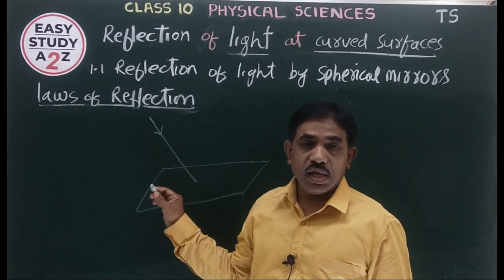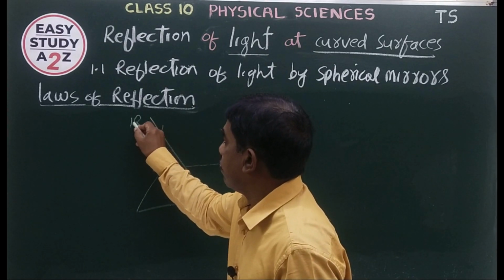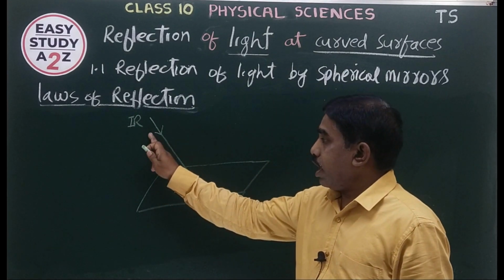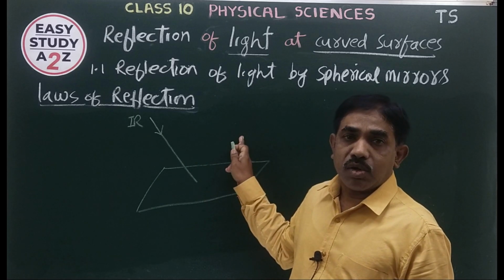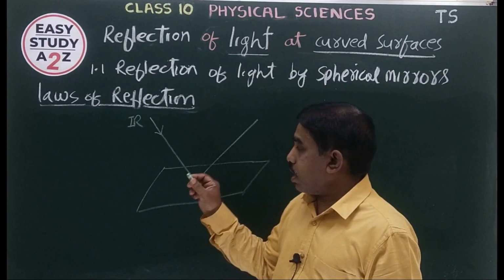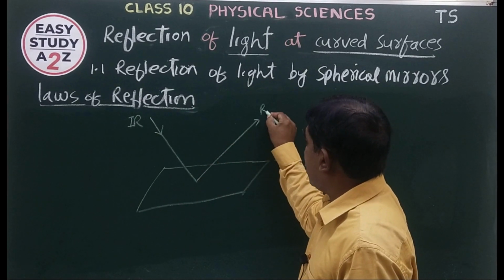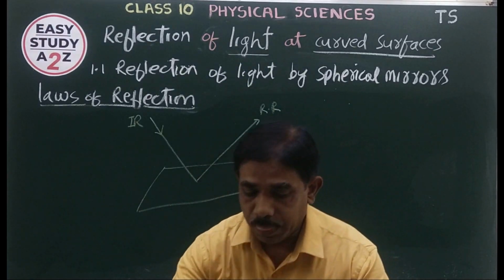This falling ray is called the incident ray. When the light falls on a plane surface mirror, it returns back to the same medium. It rebounds, it bounces back, and this returning ray is called the reflected ray.